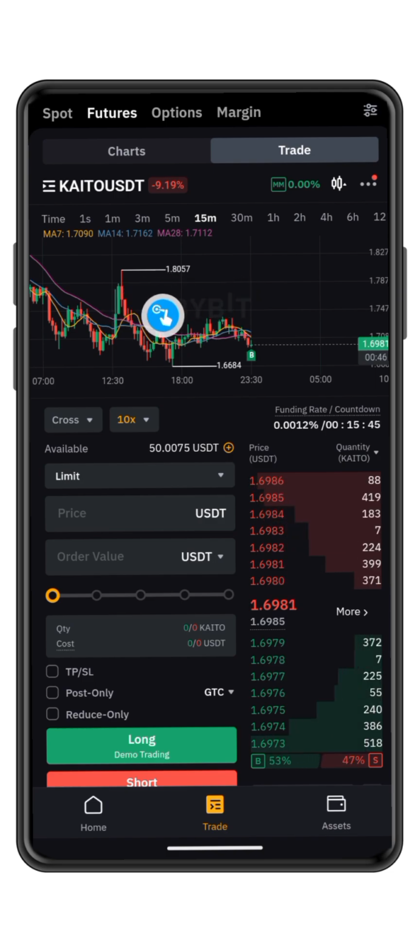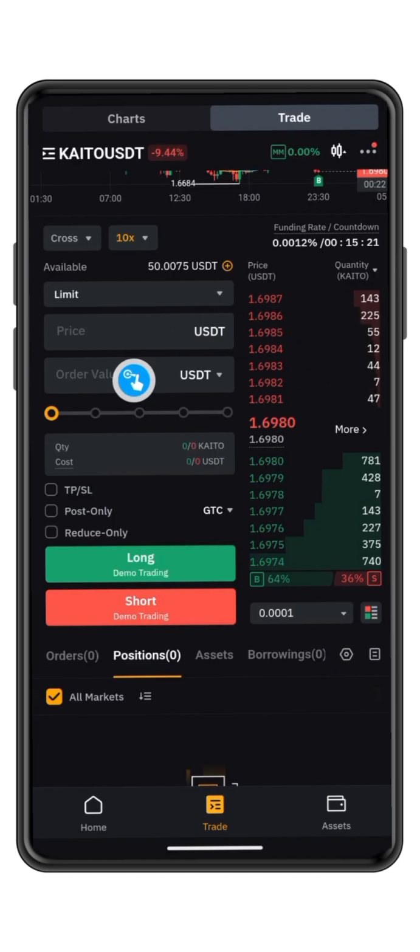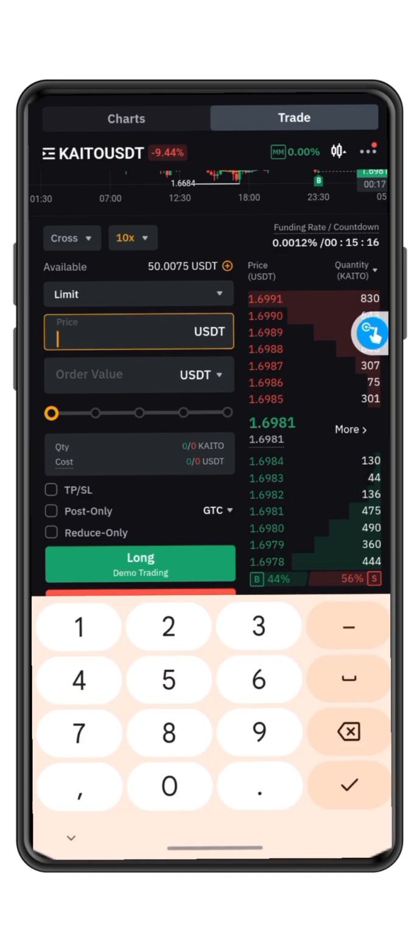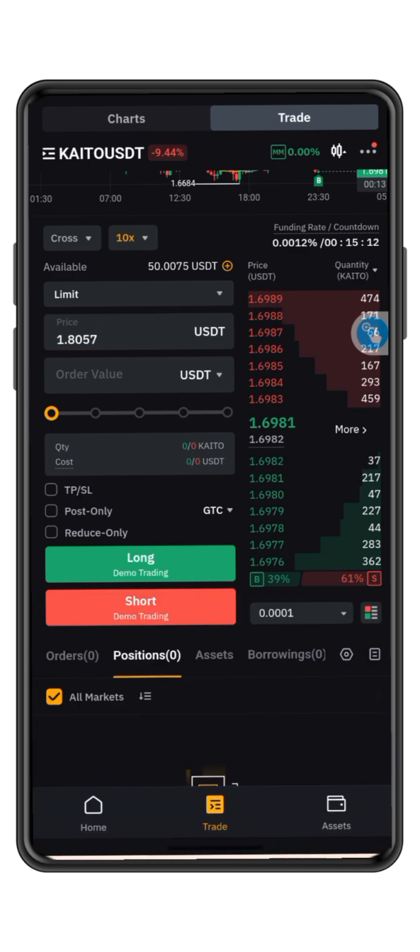So let's say I'm predicting that the price is going to rise and when it gets to this level, 1.8057, it will start dropping. All right, so around this price range of 1.8057, what I'm going to do is key in 1.8057, and that's it.